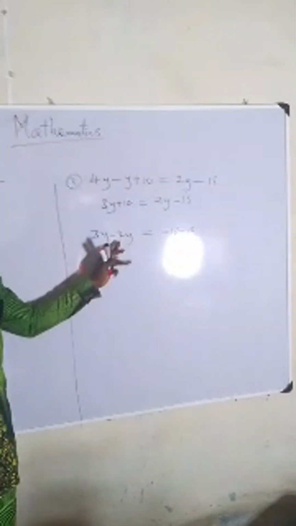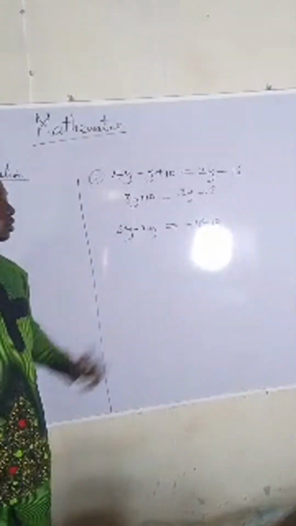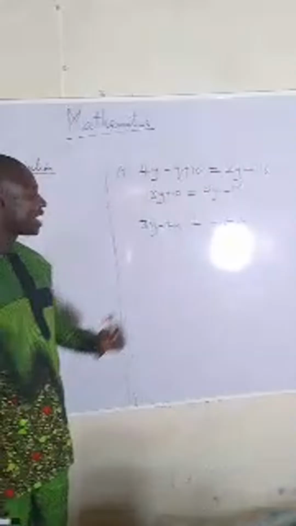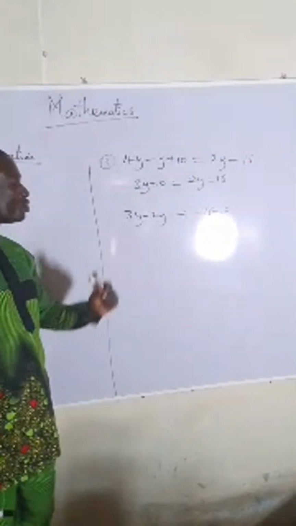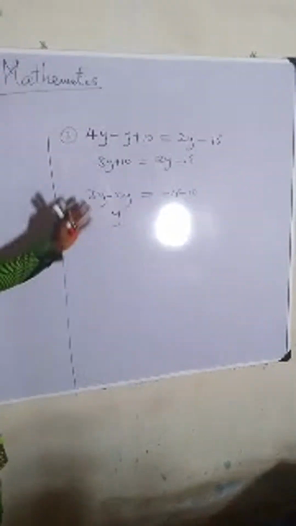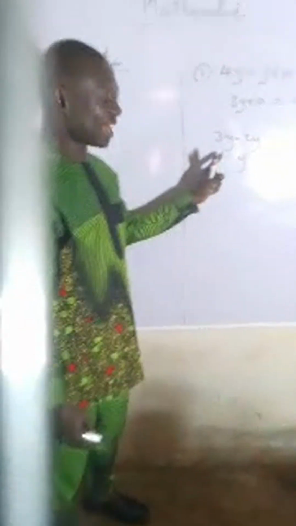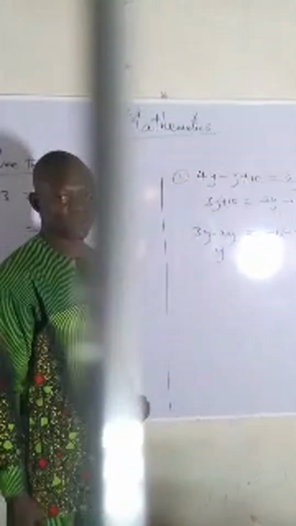Minus 2y means 2y is going to be taken away from 3y. 3y minus 2y will give us only y. Something is called y, 3 of it minus 2 of it will give you just 1 of it. And when it is 1 like this, we don't actually write that 1.